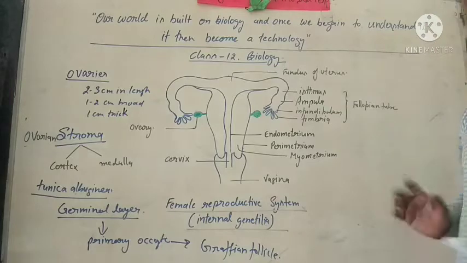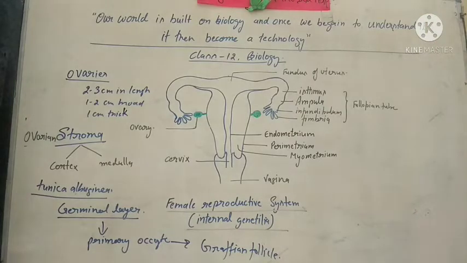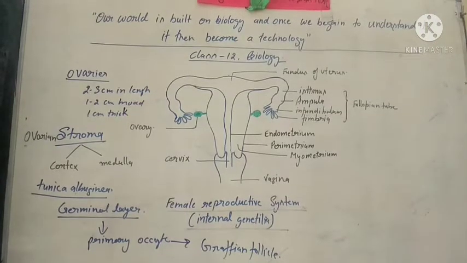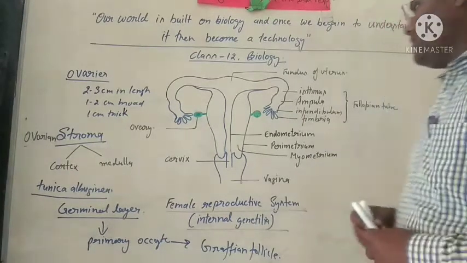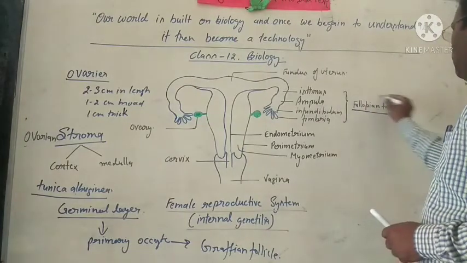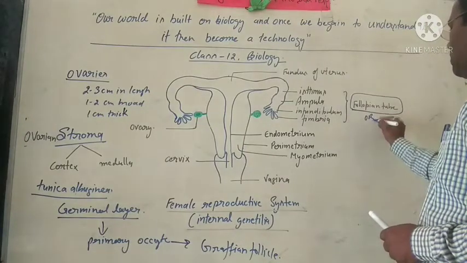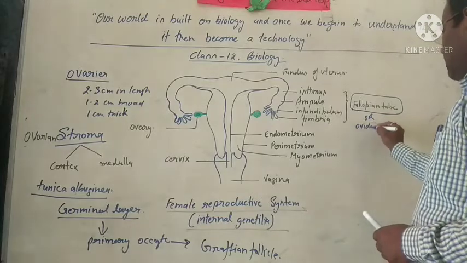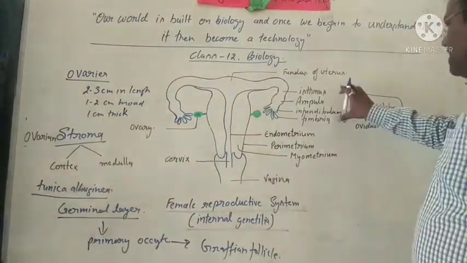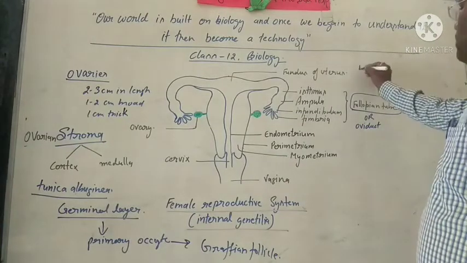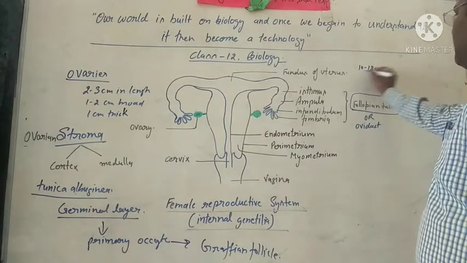Clear here? Now, the next part of the female reproductive organ is the fallopian tube, also called the oviduct. This fallopian tube is about 10 to 12 centimeter in length.